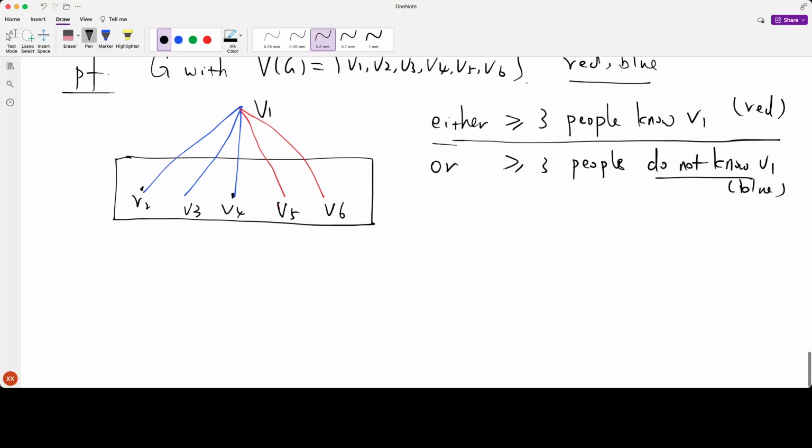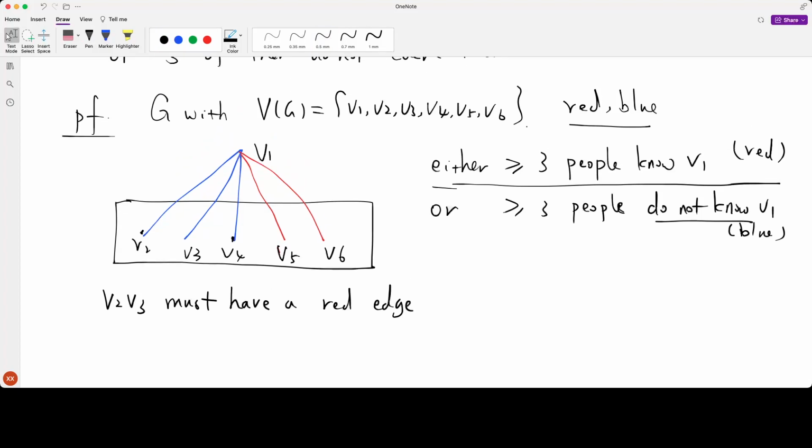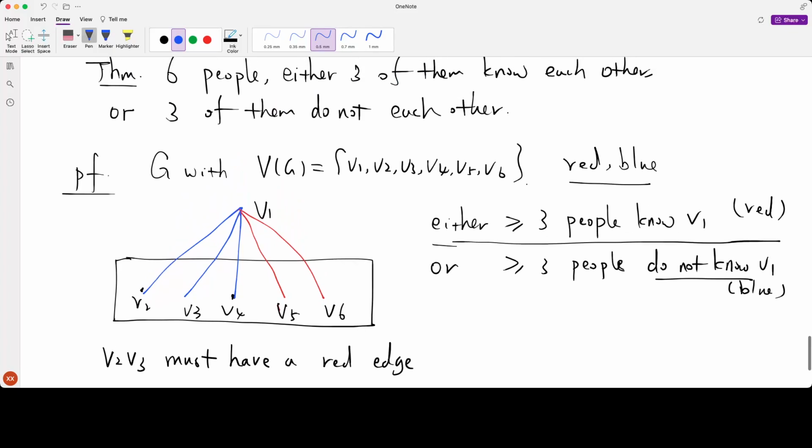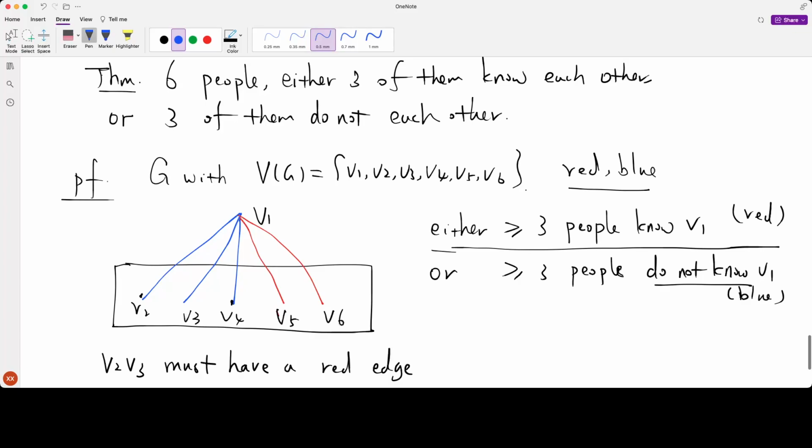So what happens is that V2, V3 must have a red edge, because if V2, V3 don't know each other, then we are done. We finished, because we find three people who do not know each other. Okay? The conclusion is that either three of them know each other, or three of them do not know each other.